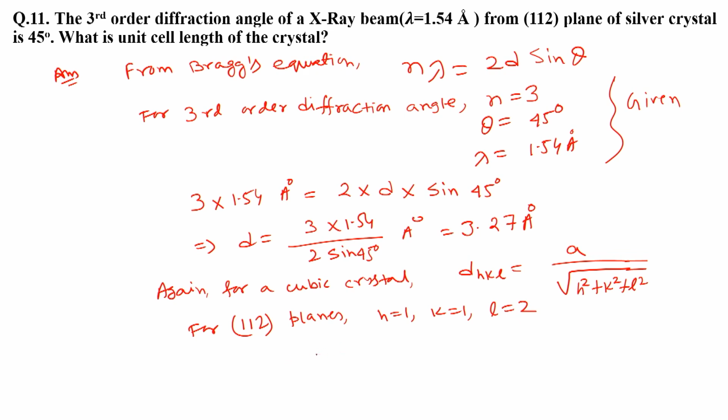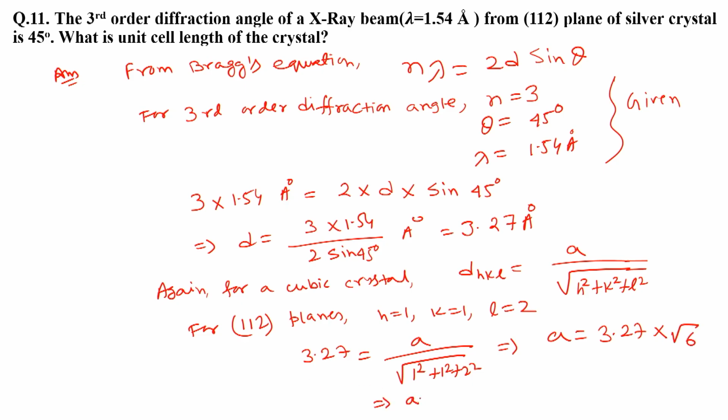We get 3.27 equals a by square root of 1 square plus 1 square plus 2 square. So a is 3.27 times square root of 6. So we get the value of a as 8.01 angstrom.